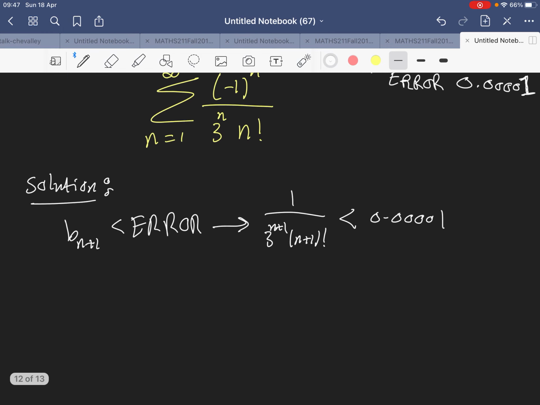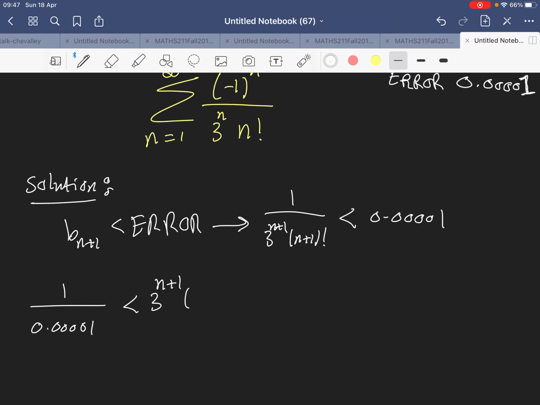Do the cross product, it will be 1 over 0.00001 less than 3 to the n plus 1 times n plus 1 factorial. I think now you can just plug in numbers. If you plug in maybe 7 could work. Try 7, it should be fine.